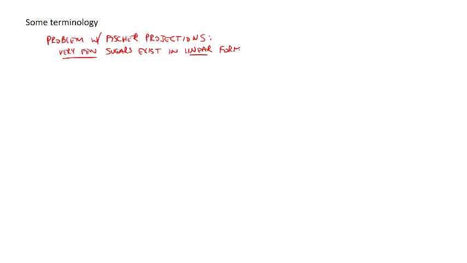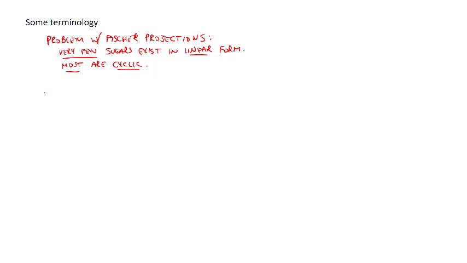All right, so Fischer projections are great because they make it obvious at a glance whether you have an aldehyde or a ketone, or whether you have two different anomers or whatever. But there's a problem with Fischer projections, and that is very few sugars exist in a linear form, at least in water. Most sugars are cyclic. Why are most sugars cyclic?